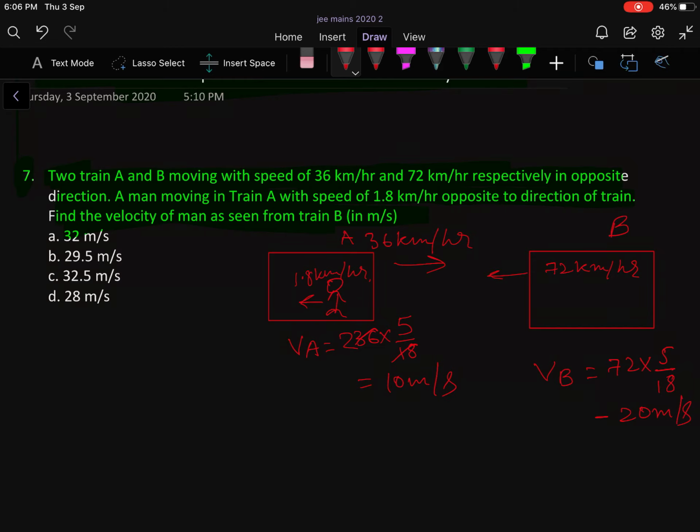Again, we have to find the velocity of man with respect to train B, VMB. We are given the velocity of man with respect to A, that is 1.8 km per hour. If we change it to meter per second, it will become 0.5 meter per second.